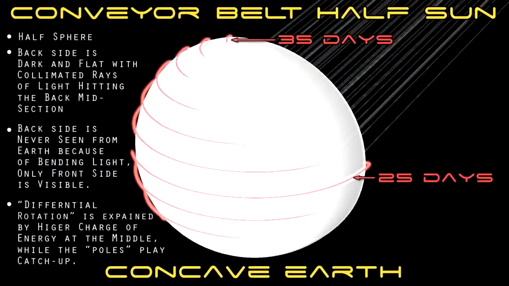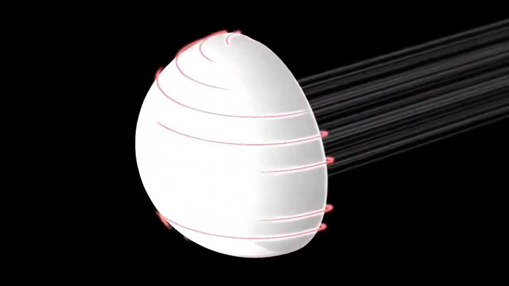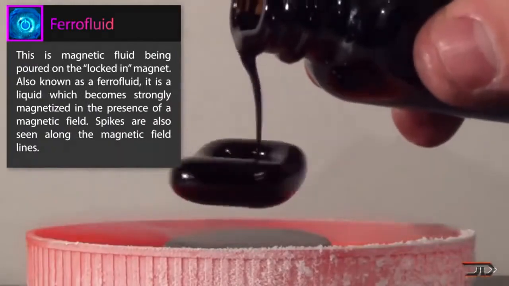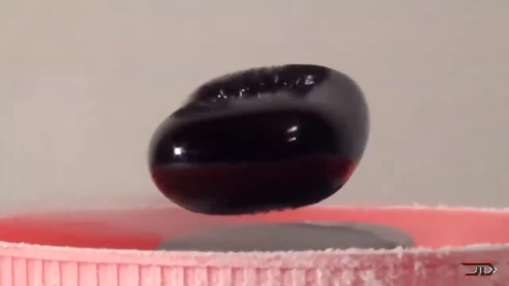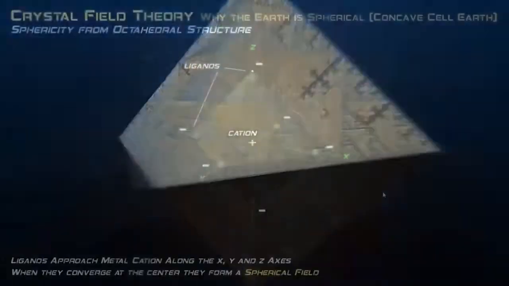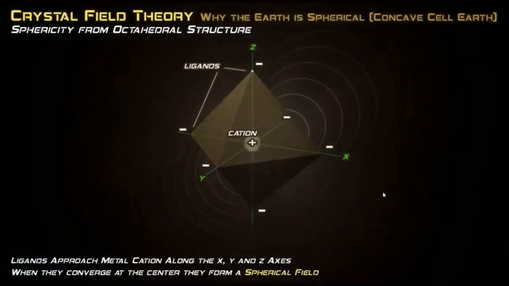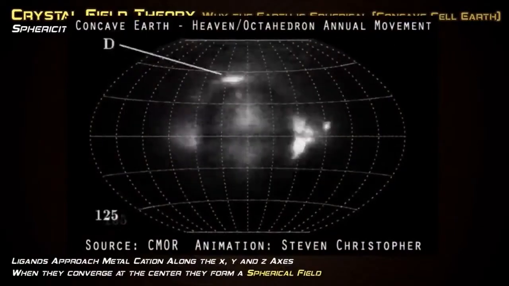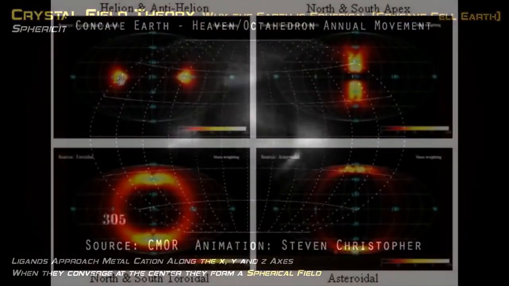It's not burning anything. It doesn't have to. It's a converter. Foundations of the Earth. That's why there is an octahedron in the center. And it can't be picked up with Canadian Meteor Orbit radar.